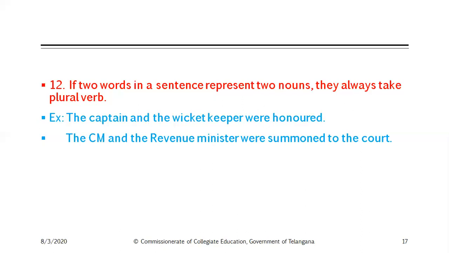These two persons were summoned to the court. Here, if two words in a sentence represent two different persons, they always take plural verb. This rule is contrary to the first one. If two words represent only one person, they take singular verb. If two words represent two different nouns, they take plural verb.